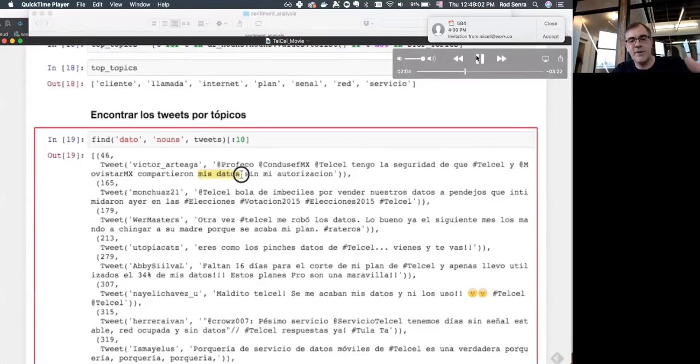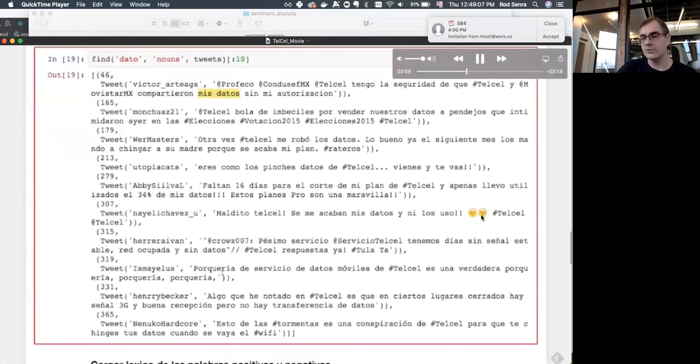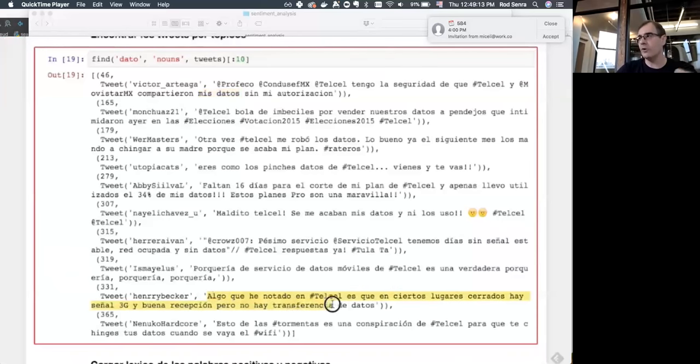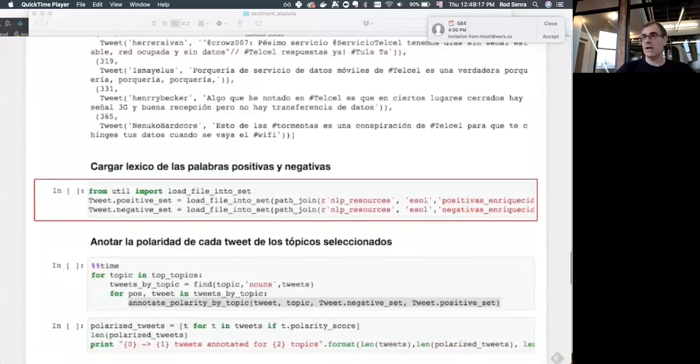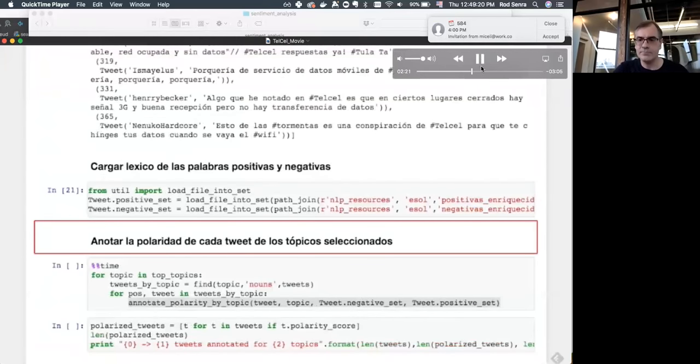And then we identify, and you can see that sometimes we see emoticons. So if you are concerned with sentiment analysis, you have to have an emoticon database in order to get a signal from the language itself.